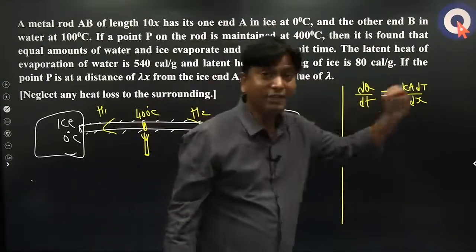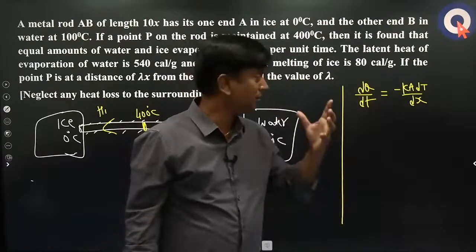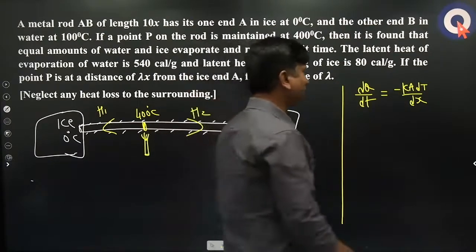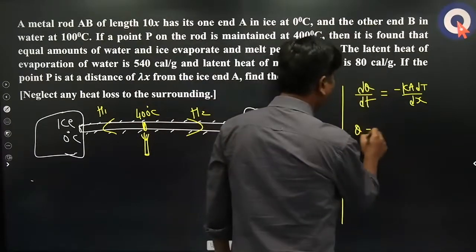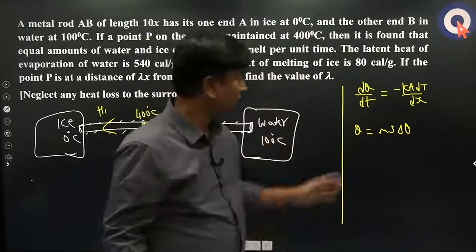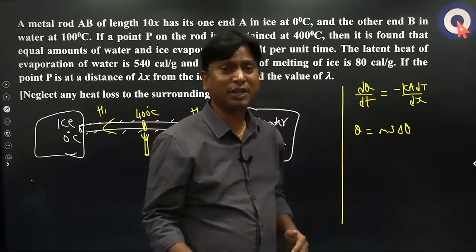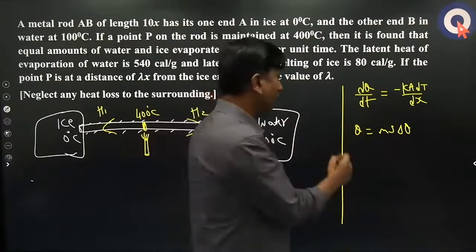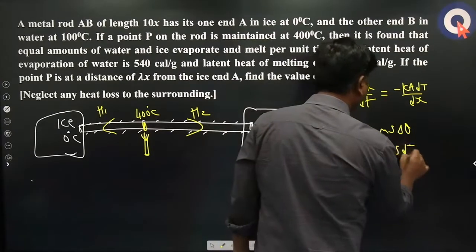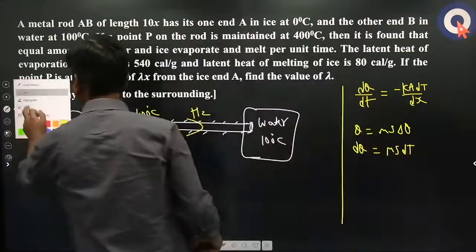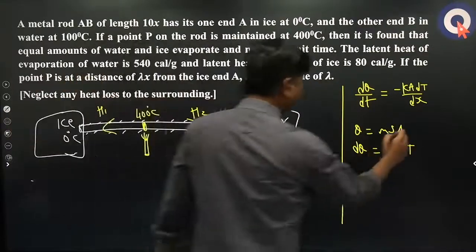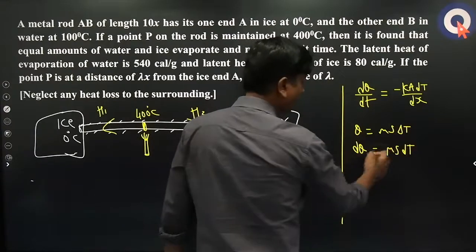And if this heat is transferred to some object, and the temperature of the object is increasing, then you can write, because Q is equal to m s delta theta, suppose the same heat is transferred to some object and the object temperature will increase, so you can use dQ is equal to m s dT.